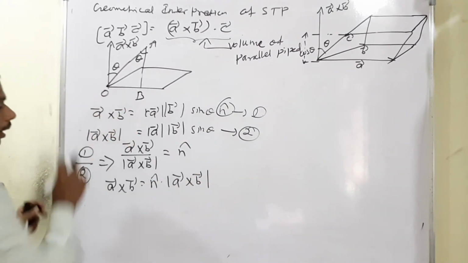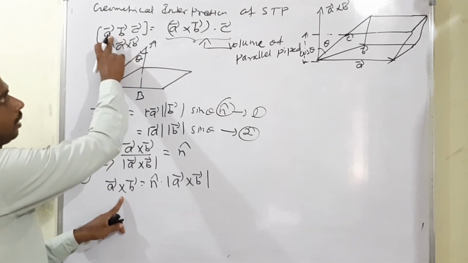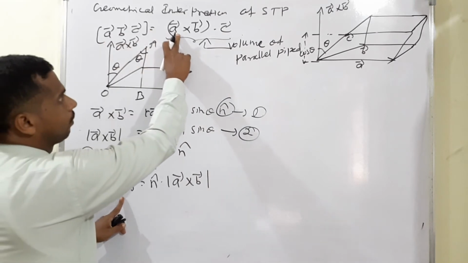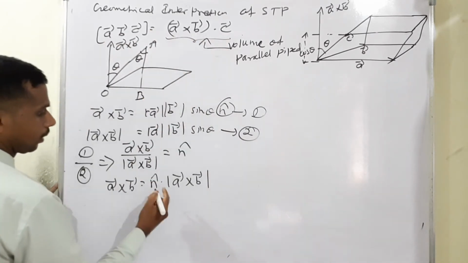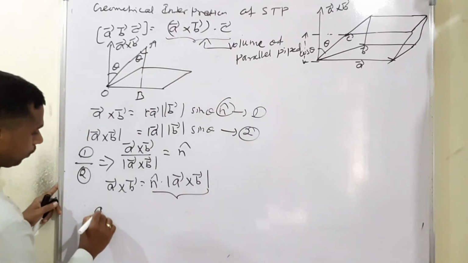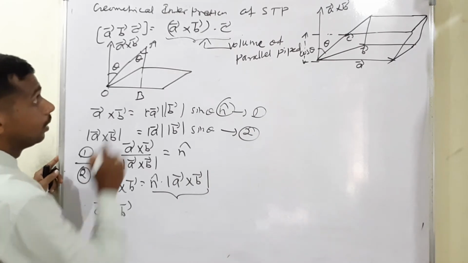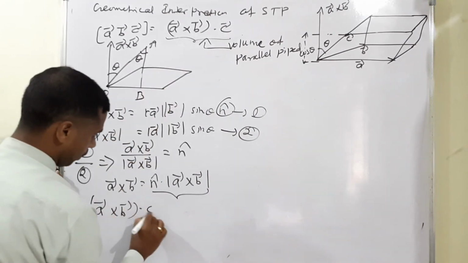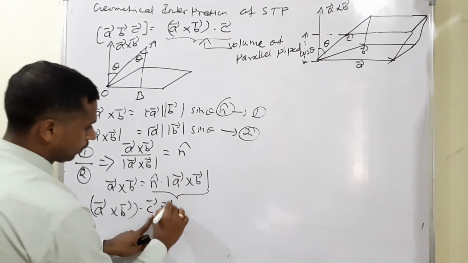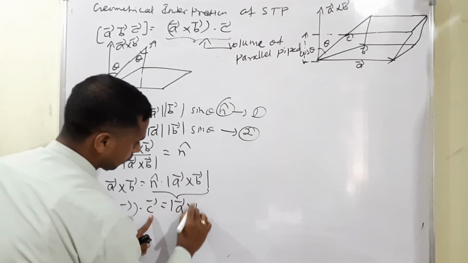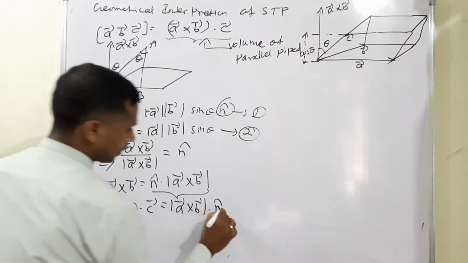Now moving to the diagram, the box of triple product A vector, B vector, C vector is equal to A vector cross B vector dot C. We already found A vector cross B vector, so it is modulus of A vector cross B vector, n cap dot C, with only C remaining.